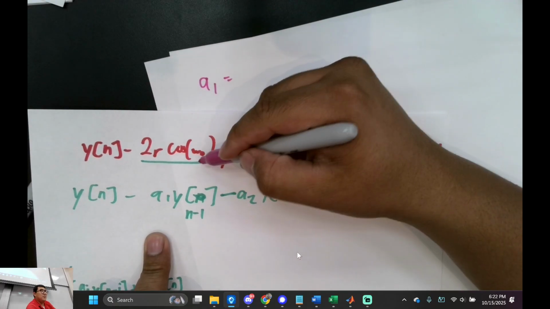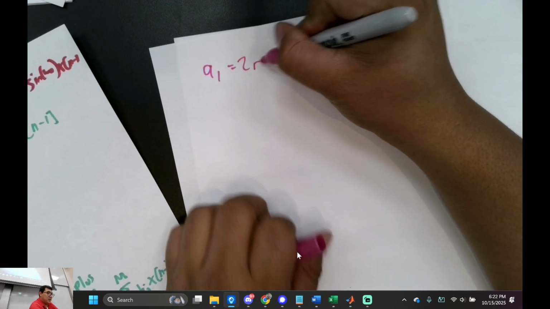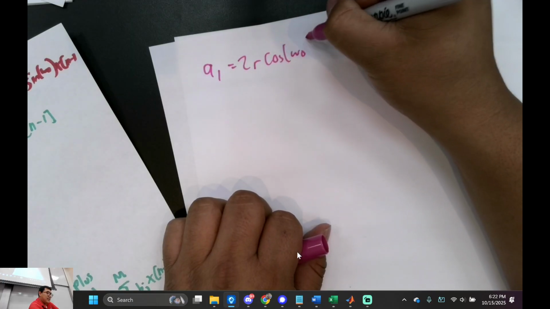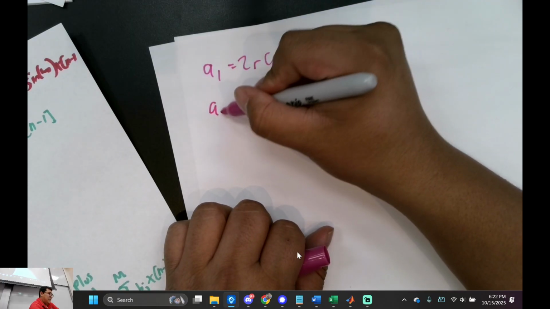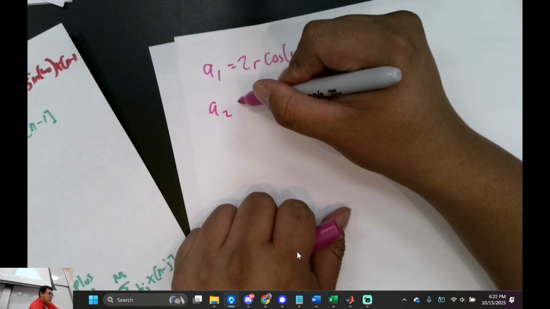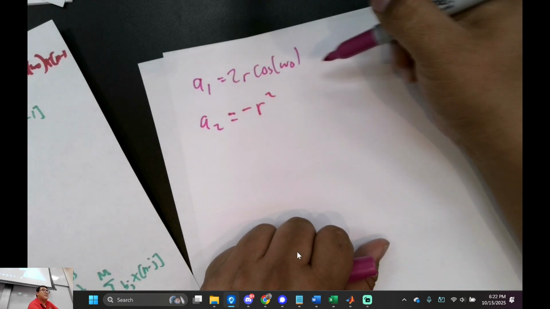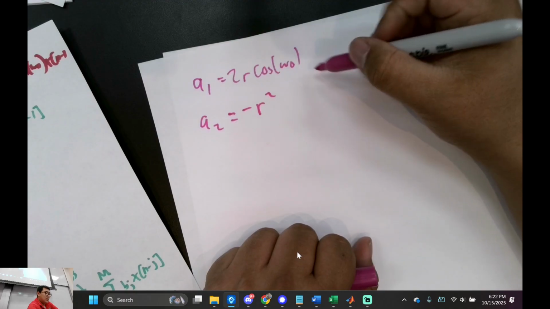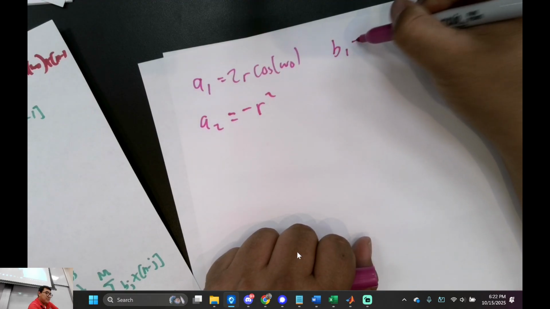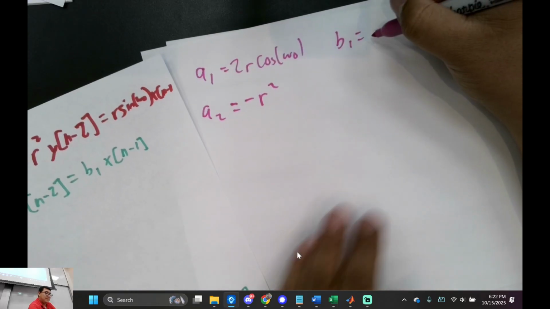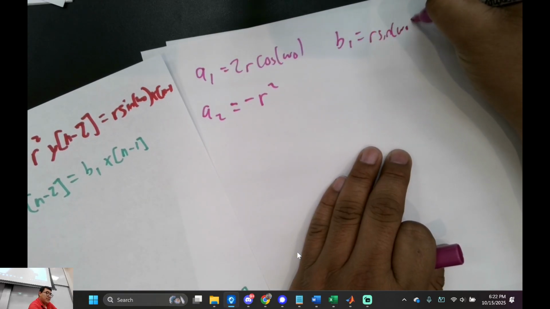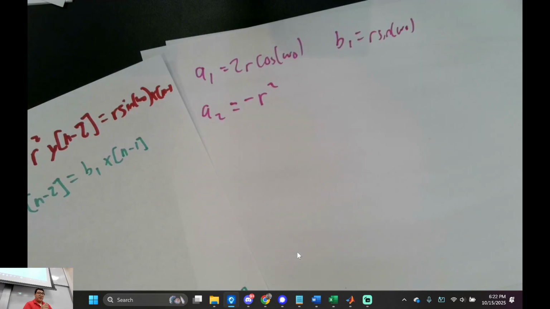It's just going to equal this 2r cosine omega naught, right? And then A2 is going to equal, what's A2 going to equal? Minus r squared, right? And what's B1 equal to? R sine omega naught. That's what we need for our equation.